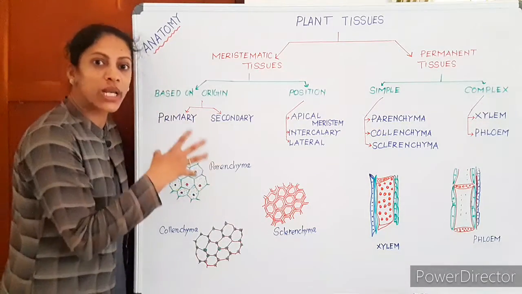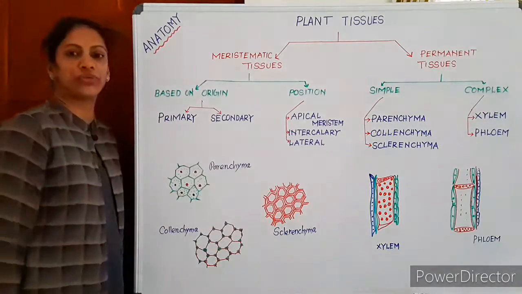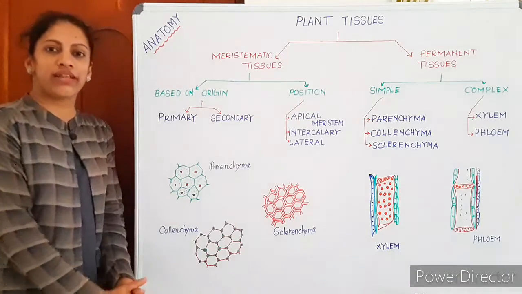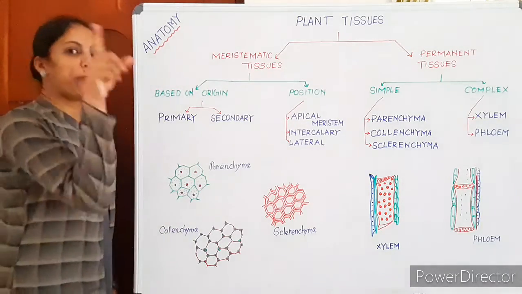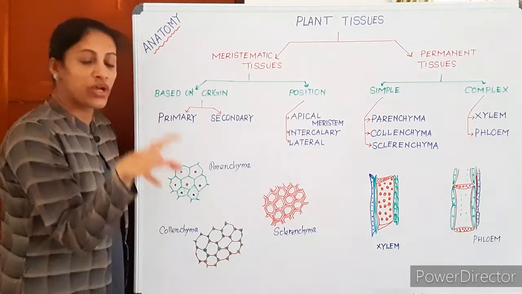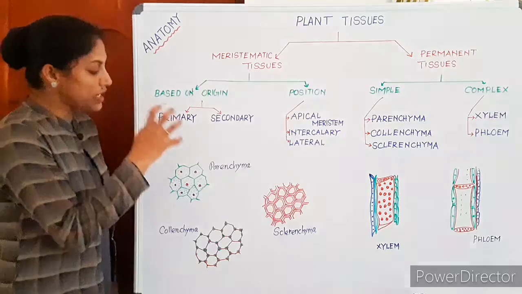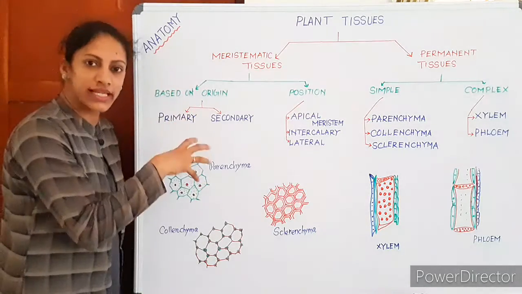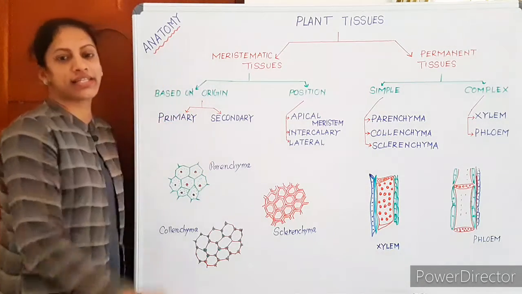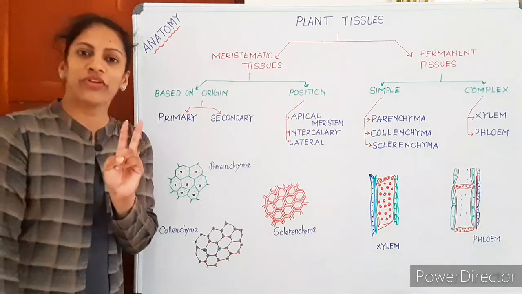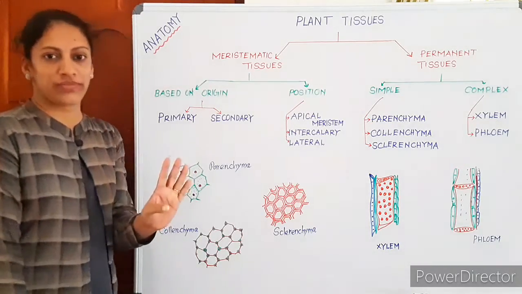They are thin-walled cells made of a cellulosic cell wall only. So parenchyma is a tissue made up of thin-walled cells which are living cells. Just keep the two things in mind: they are formed of living cells which are thin-walled.